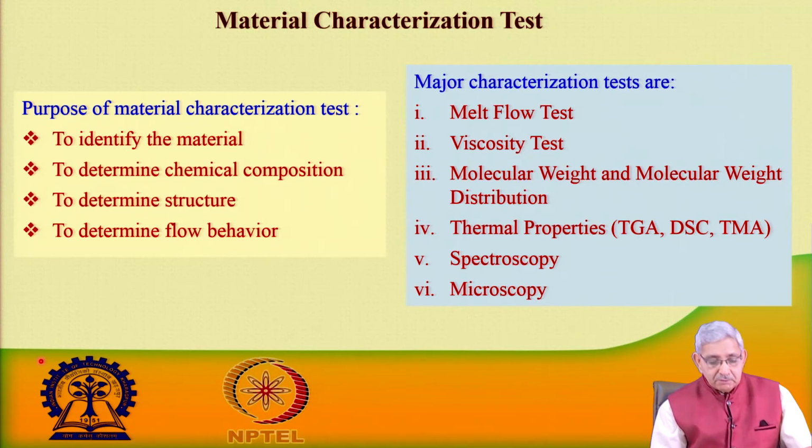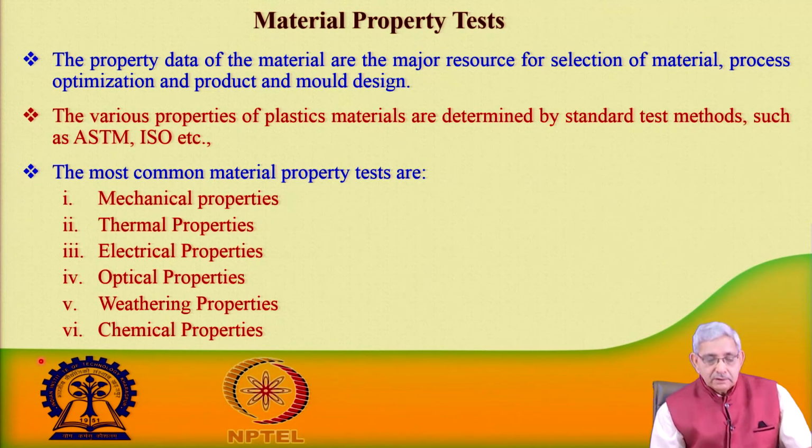For the flow point of view, we characterize these materials by material flow, or by tests for viscosity, molecular weight distribution, thermal properties, then spectroscopy and microscopy. These are the other things.